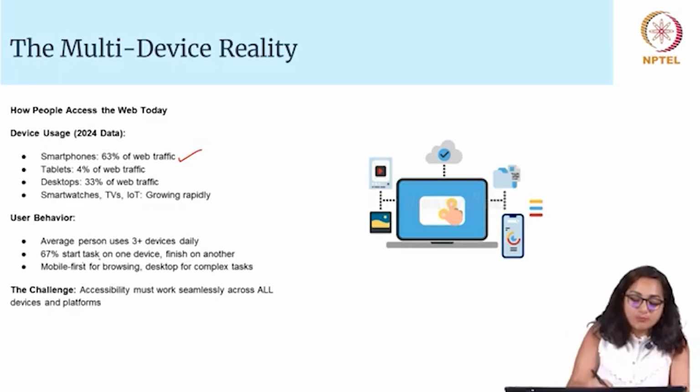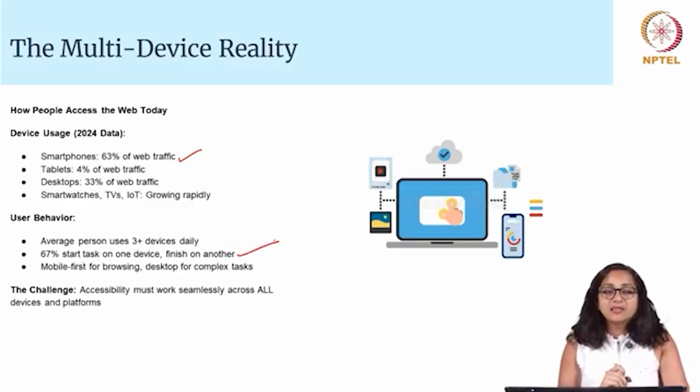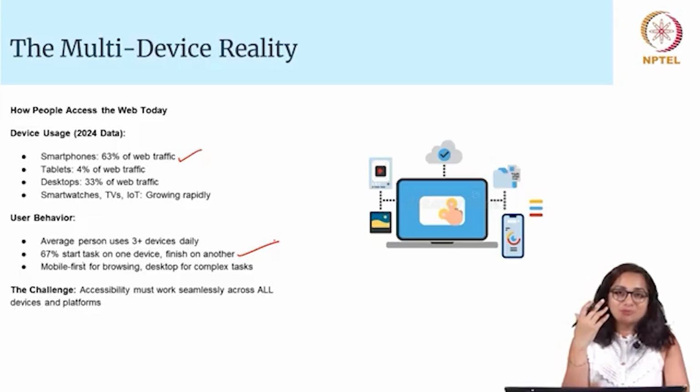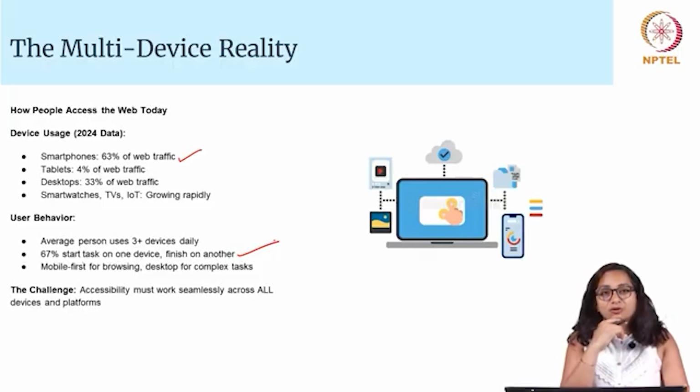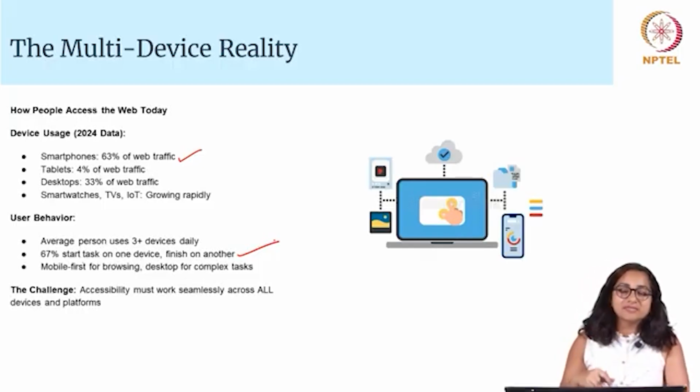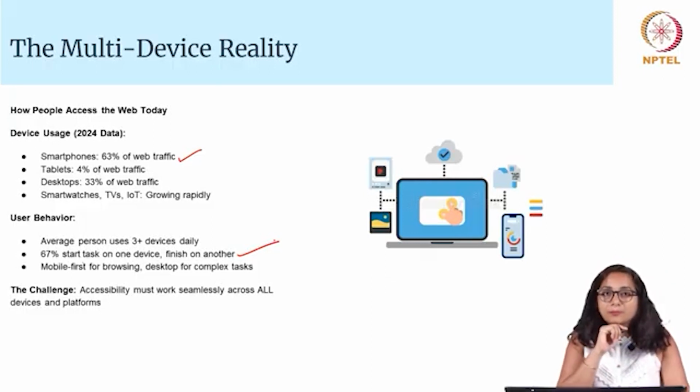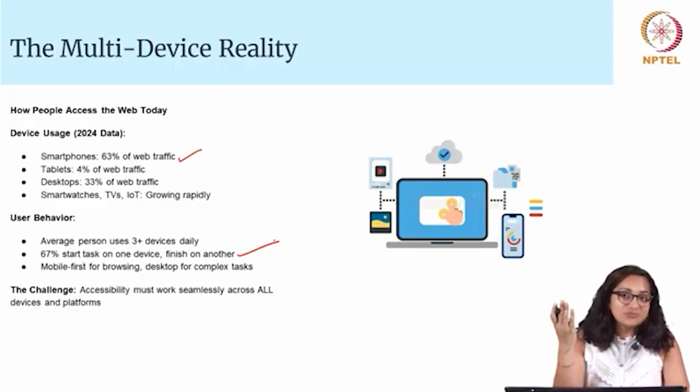This is a very important statistic. If you've started filling a form on your computer, but you didn't complete it in your office time or in that moment, and then you revisit the same website or the same form on your phone, it should be filled halfway.